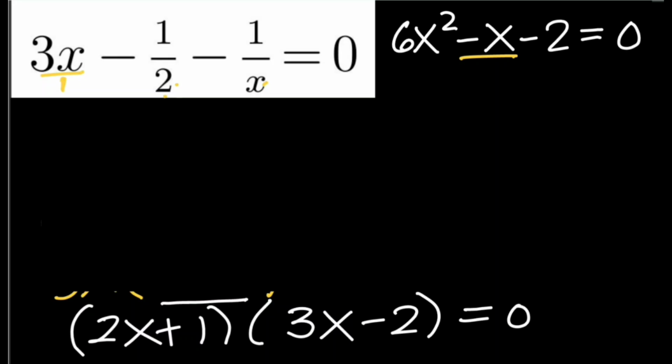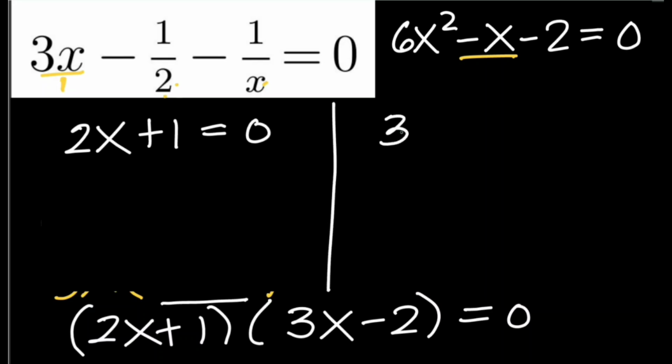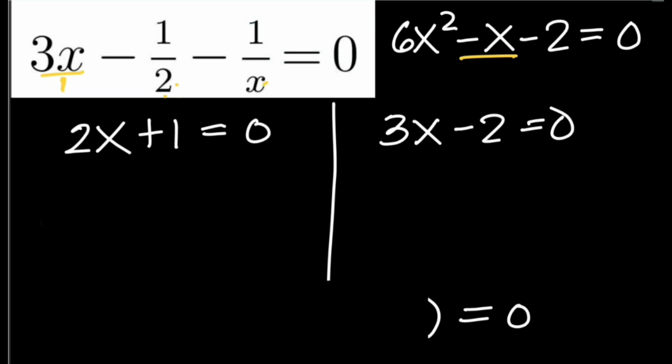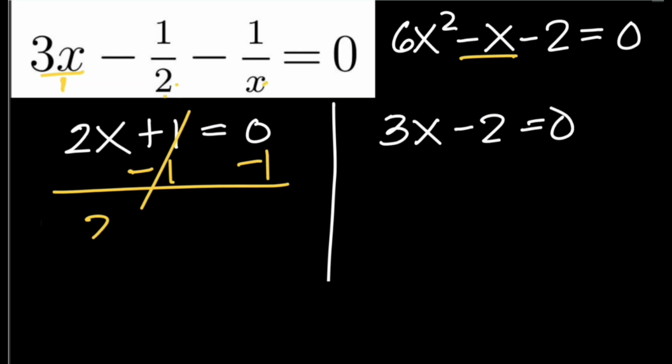So we have two factors here, 2x plus 1 and 3x minus 2, and we equate each one of them to 0. We subtract 1 from both sides, then we have 2x equals negative 1.